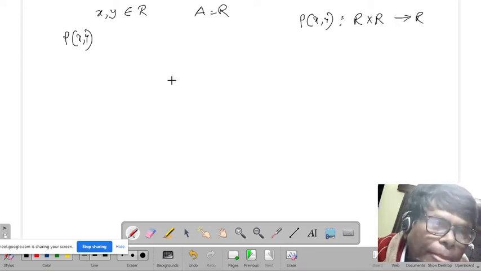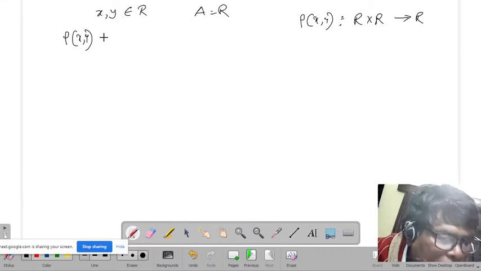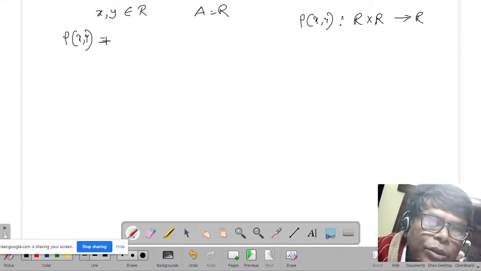It may so happen that rho xy is equal to 1 if x is not equal to y, and 0 if x equals y.